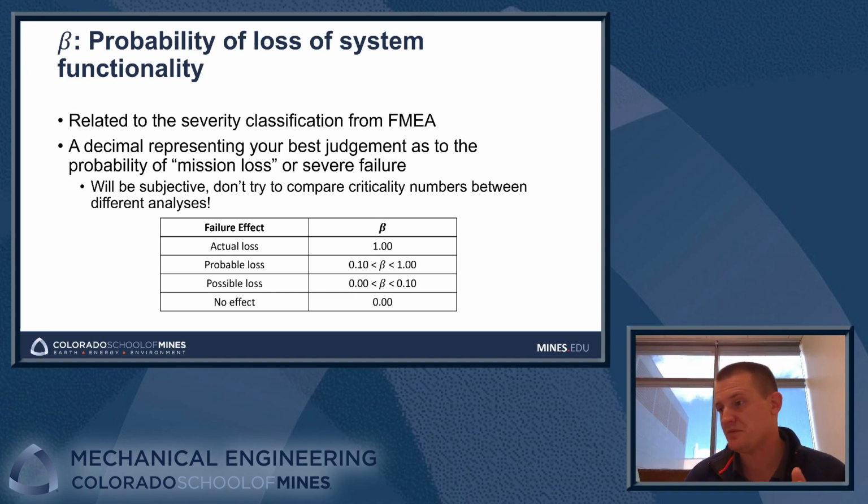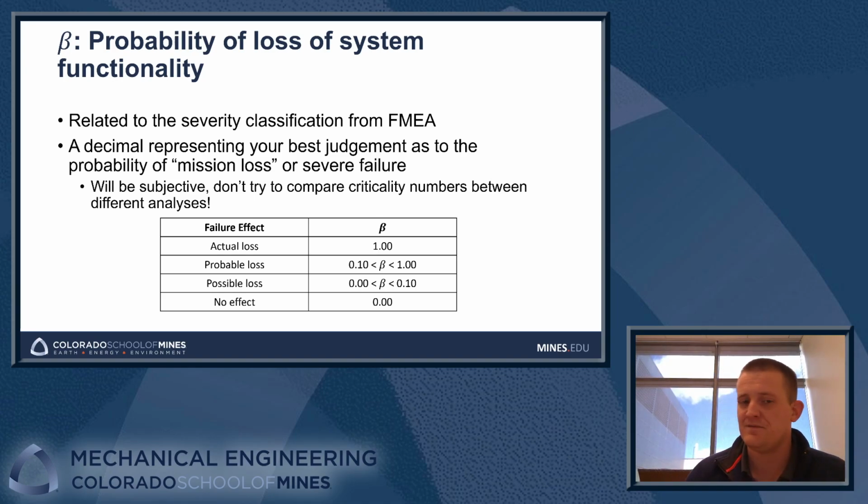So this is one of these subjective numbers. We're not going to try and compare these between our analysis and some other team's analysis, but in MIL-STD-1629A, it gives a table that gives you a rough estimate of how you can estimate beta.